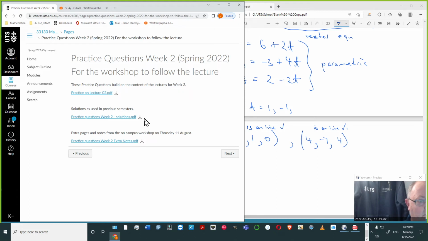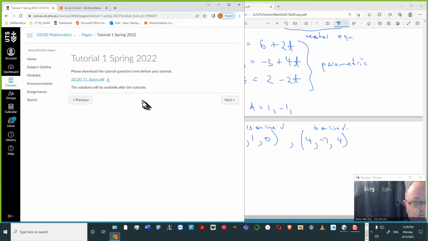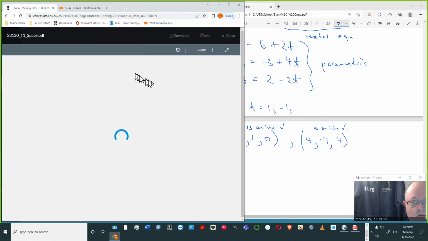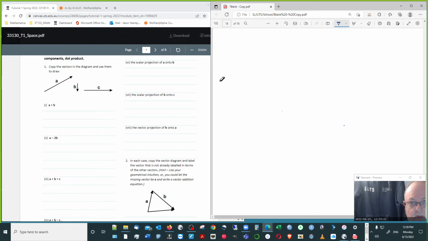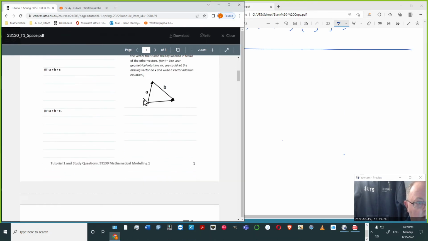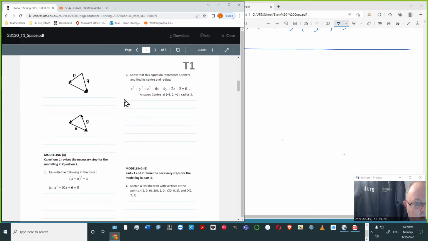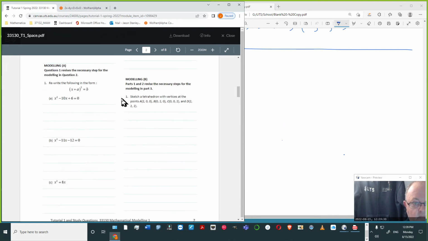If you could maybe work through one of the tutorial questions in the modeling B section. So this tutorial here. Yes, I believe so. Alright, so let's give ourselves some space. And so we go down. Modeling B. Yep.